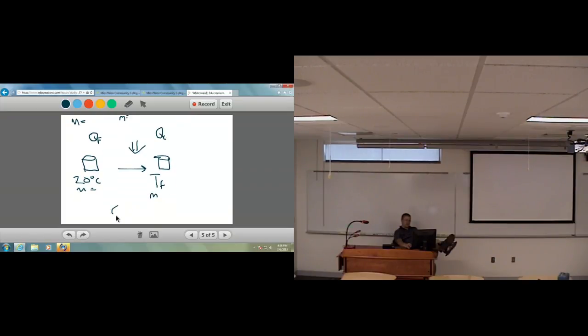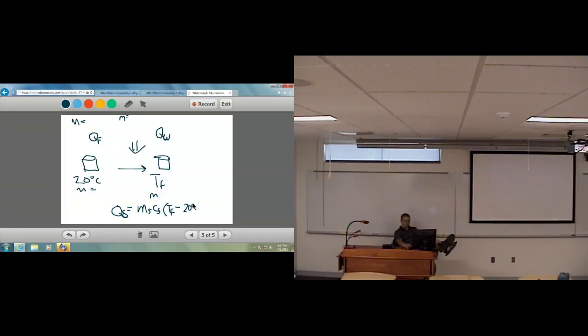And this arrow here is going to have a Q, which is going to be QC, and I actually might write the Q of the soda instead of QC, and up here I might write Q of water instead of anything else. So this is Q of soda is going to be equal to the mass of the soda times the specific heat of the soda times the delta T, which is, of course, temperature final minus 20 degrees.